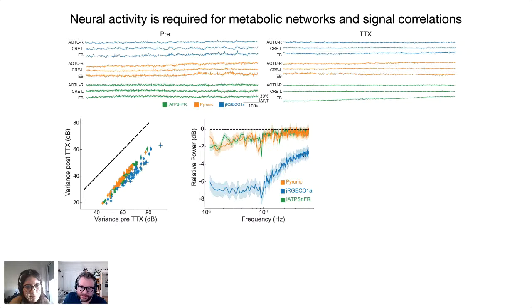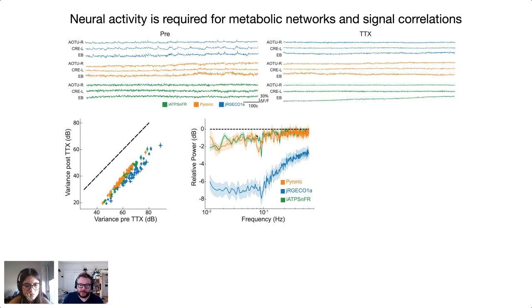But this occurs also, interestingly, across a broader range of frequencies, and we see most attenuation at low frequency. So we can maybe assume that the low frequency coupling between neural activity and metabolic flux is what's causing this attenuation. When we reduce neural activity, we attenuate the lower frequency component of this signal.